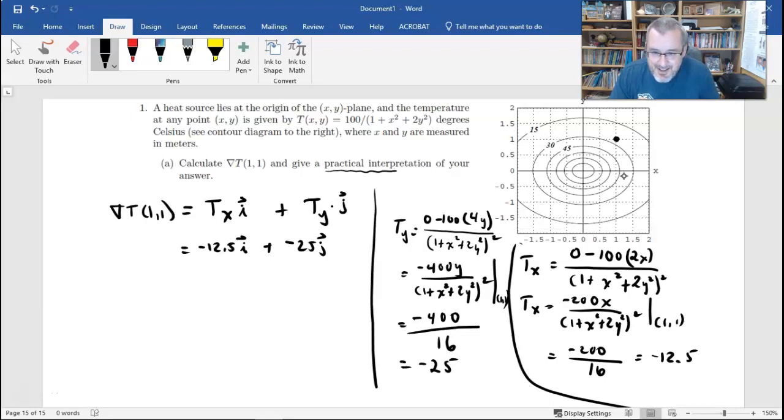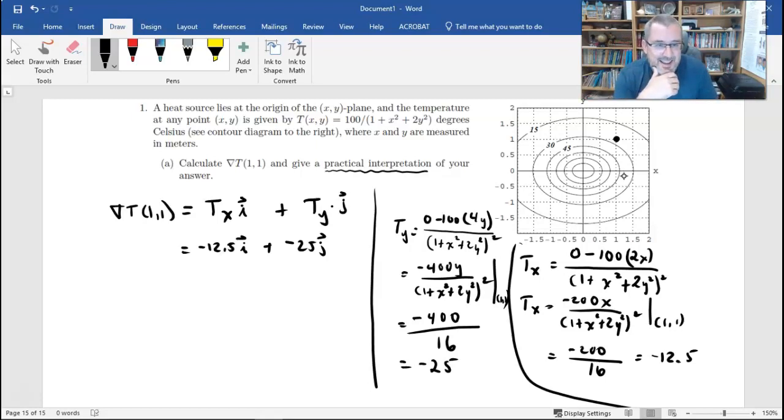But what is that? So here's the deal. If you're at this point and you want to move in a direction so that the temperature increases at the greatest rate, again, metaphorically speaking, I don't mean to say at all that whenever you're on a hot plate, you should always move in a direction where the temperature increases at the greatest rate. This is just to make sense of the gradient vector metaphorically.